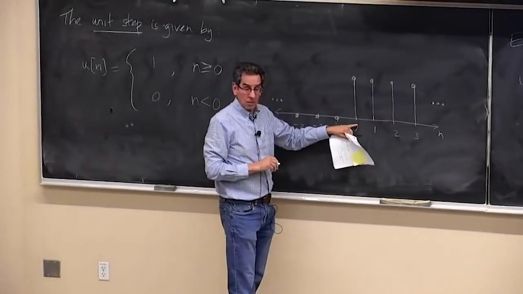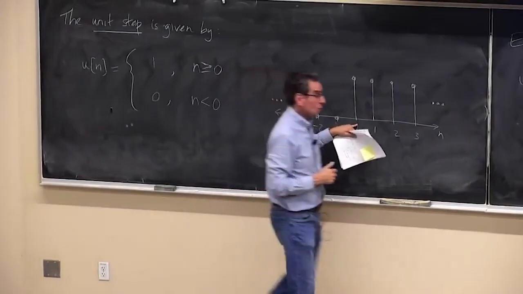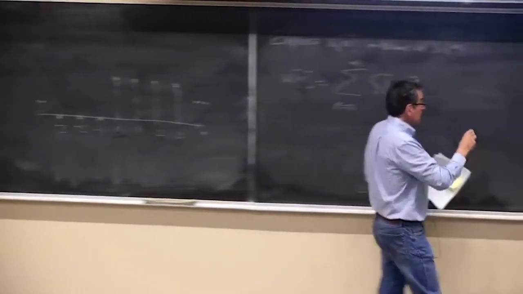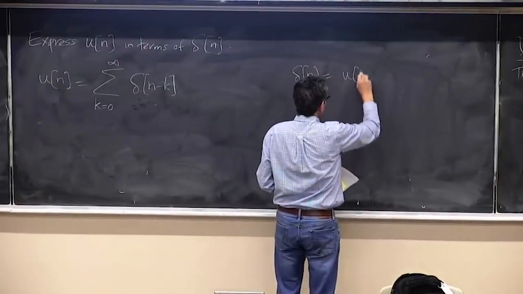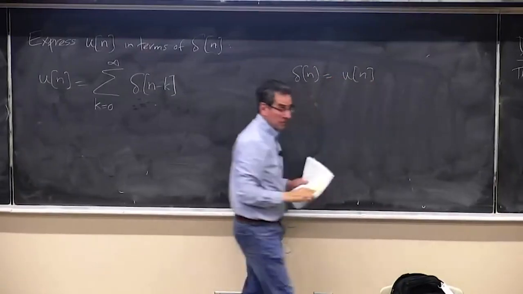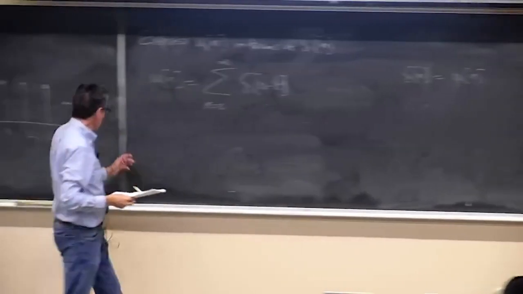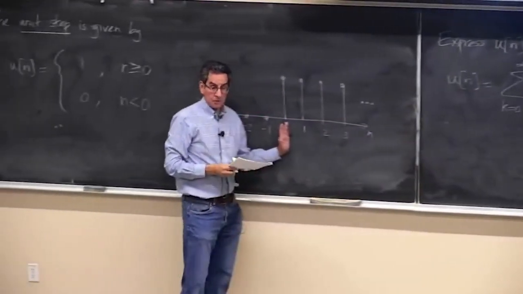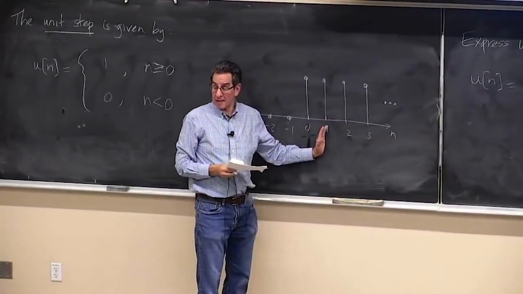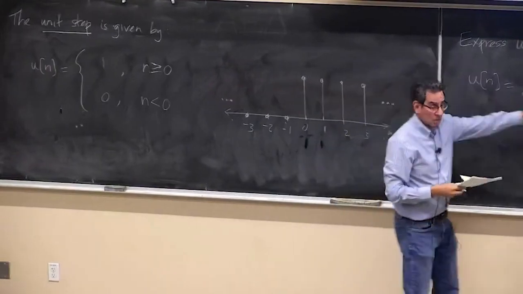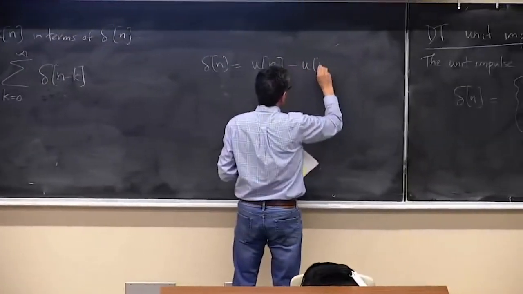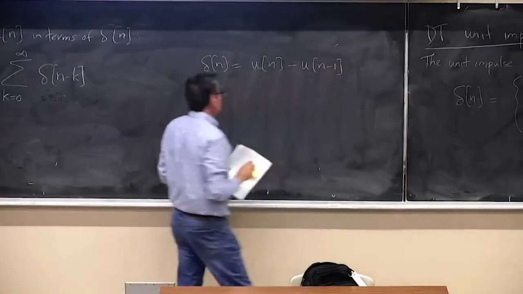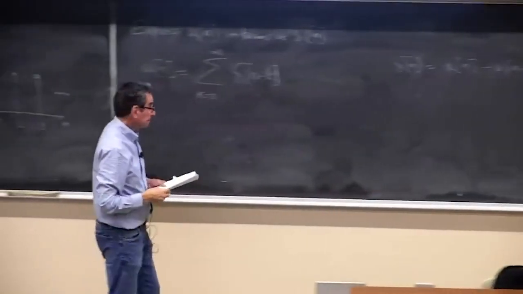I want to somehow isolate one of those stems at 0. So I can also write delta of n as u of n. Now, what do I do to get rid of all of the stems except 0? Well, I could shift this thing to the right by 1 and then subtract. You can also see that by looking at this formula. So I get that delta of n is u of n minus u of n minus 1.